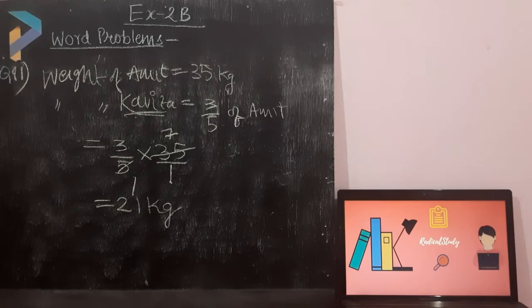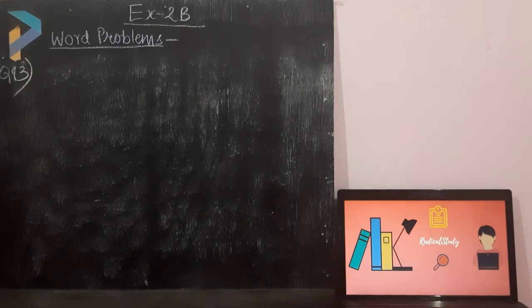Now I am going to solve the next question for you, that is question number 13. Please pay attention. So students, the next question is question number 13, which I am going to solve for you. Sapna earns rupees 24,000 per month. She spends 7 upon 8 of her income and deposits rest of the money in a bank. How much money does she deposit in the bank each month?